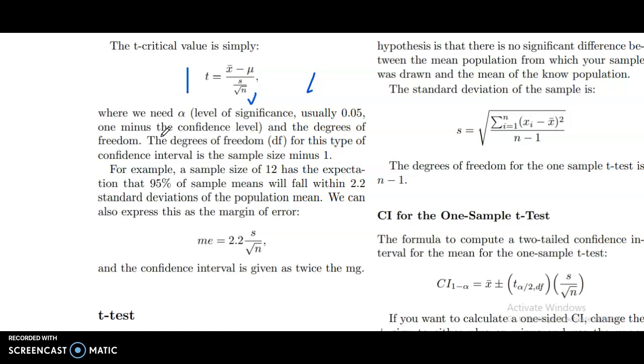The degrees of freedom for this type of confidence interval is the sample size minus 1.